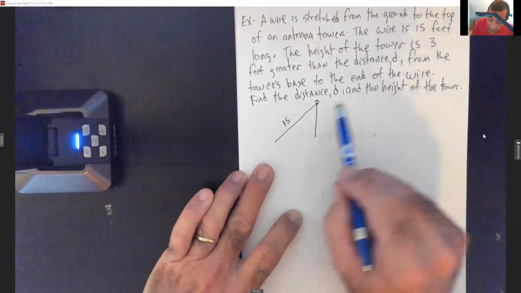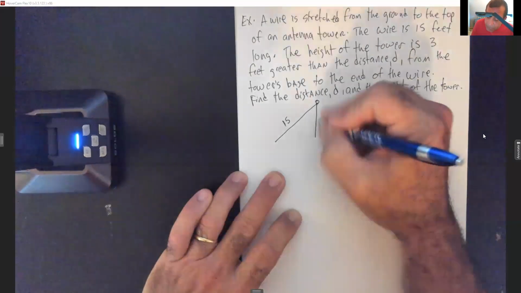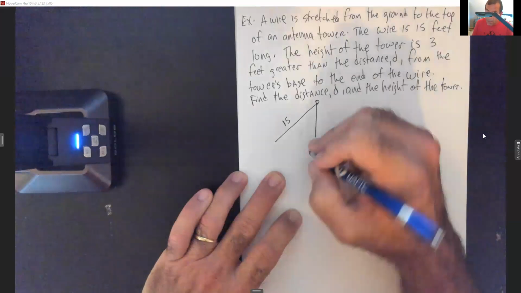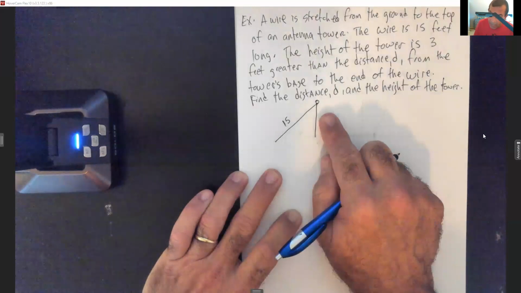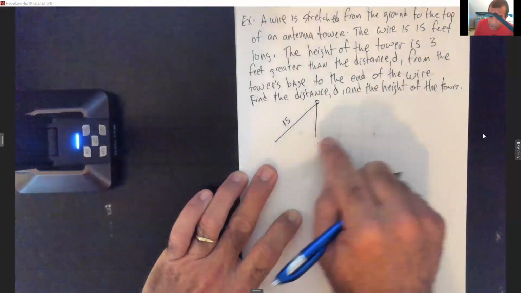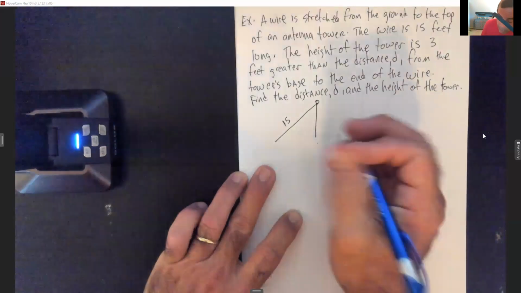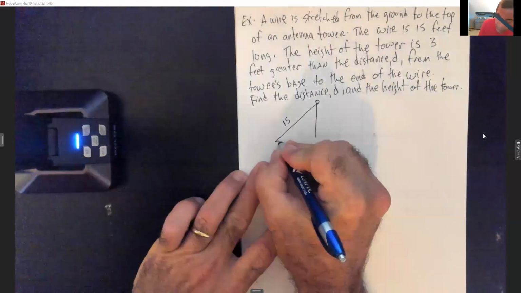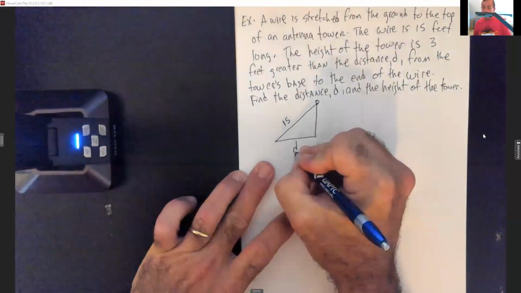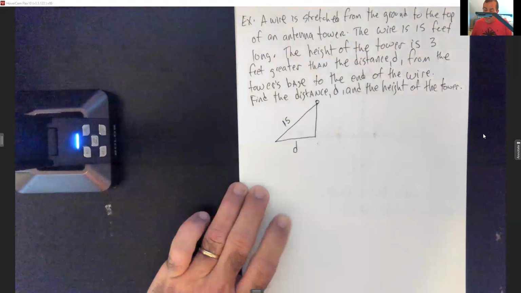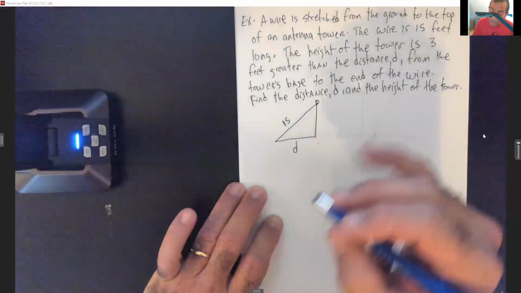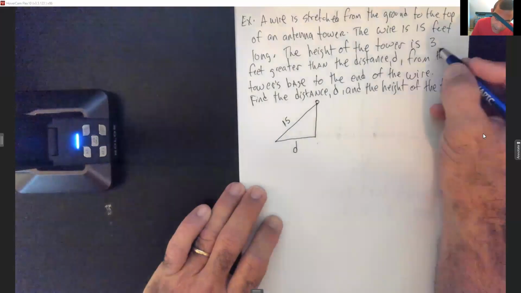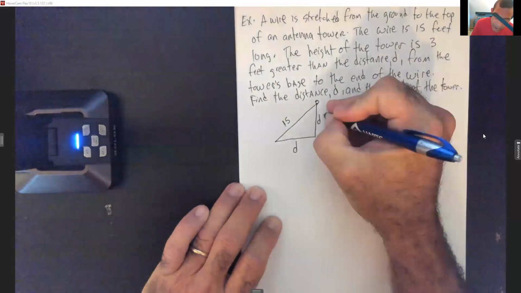Now, the height of this tower over here is 3 feet greater than the distance D from the base of this tower to the wire. So we don't know this distance right here, but we're going to call it D. And then the tower will be D plus 3 because it's 3 feet greater. So that'll be D plus 3.